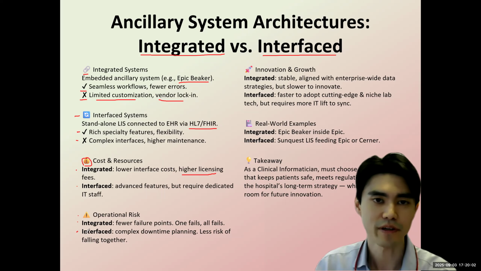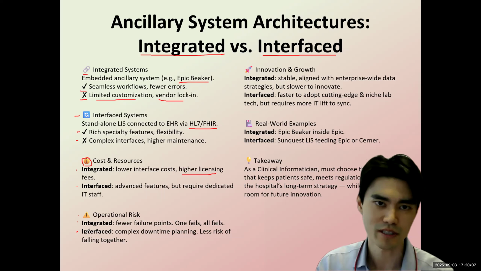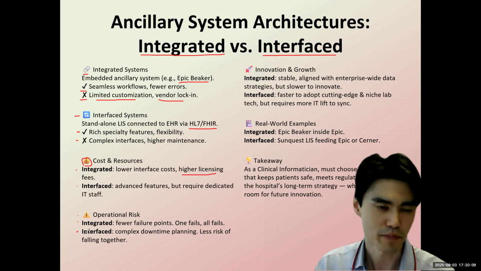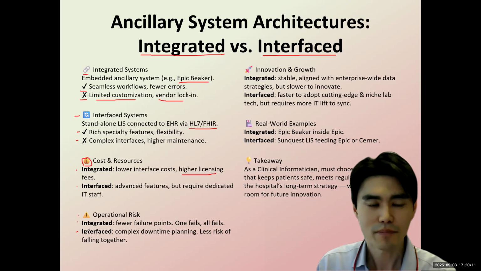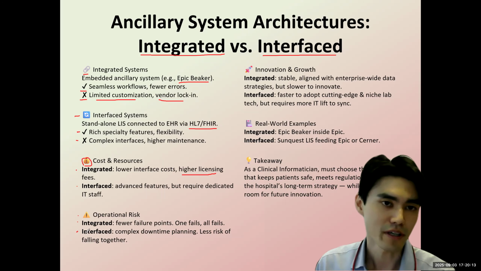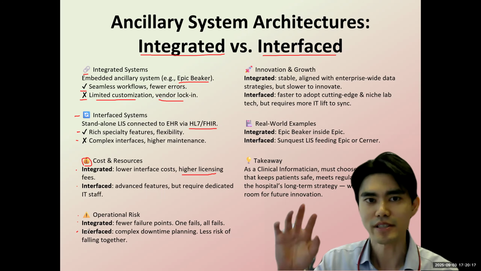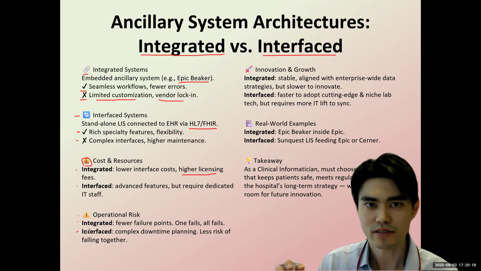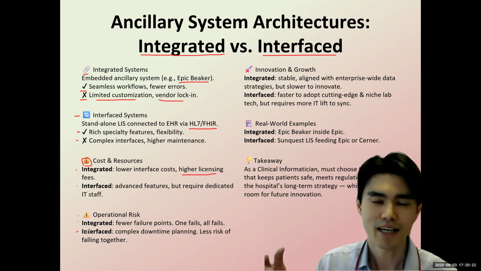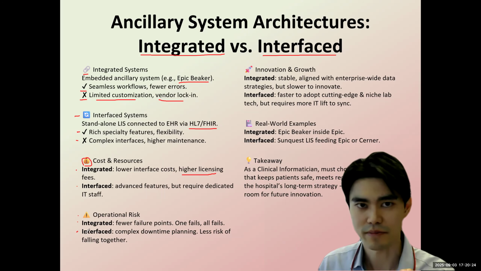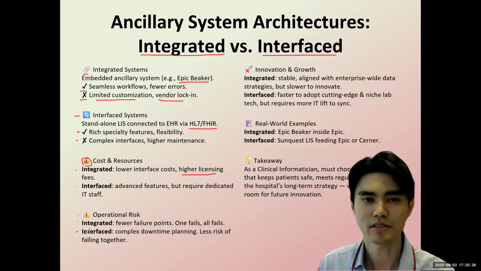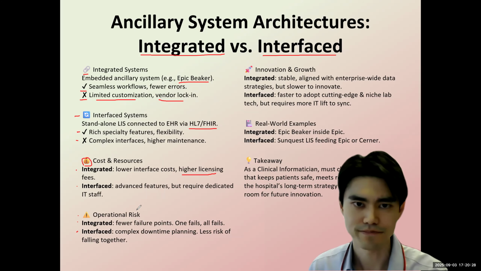That's good, but you have to have two different downtimes versus when it's integrated, you have just one time downtime to upgrade everything. But on the other hand, when you think about it, because it's segregated, even if the main EMR falls, and if it's, say, hacked, the laboratory information system might be safe. So these are pros and cons to think about.